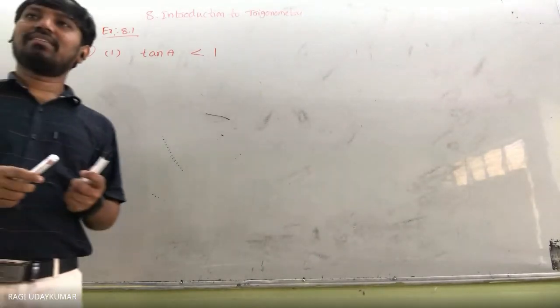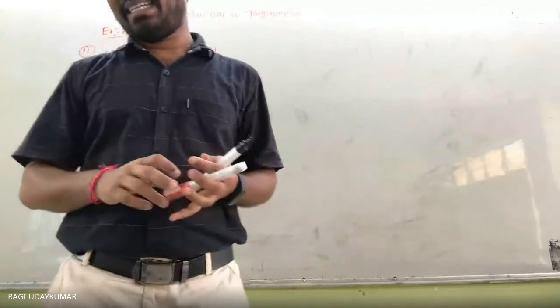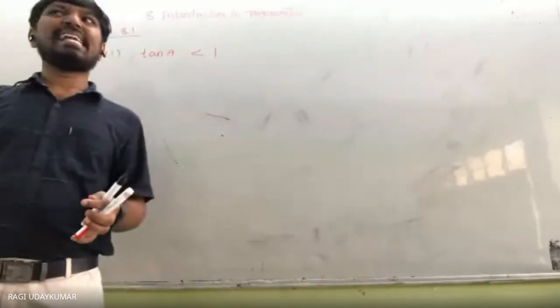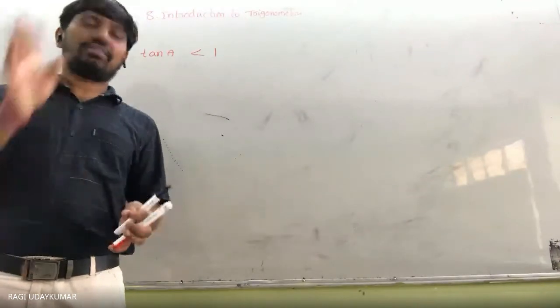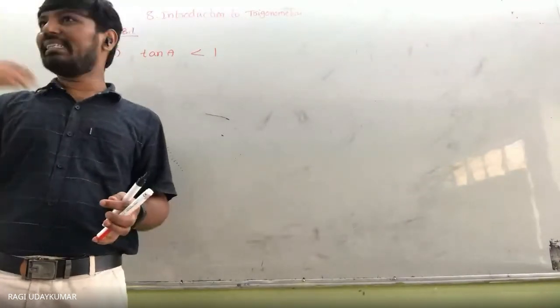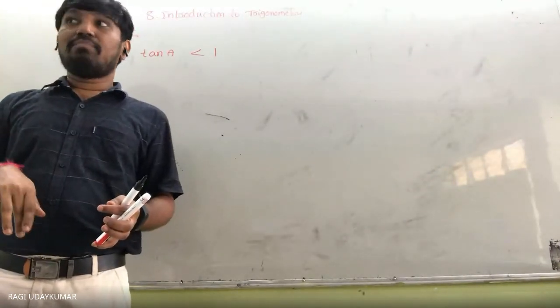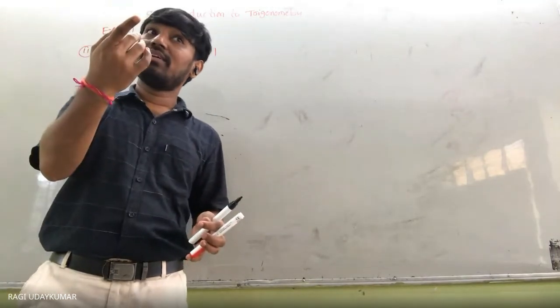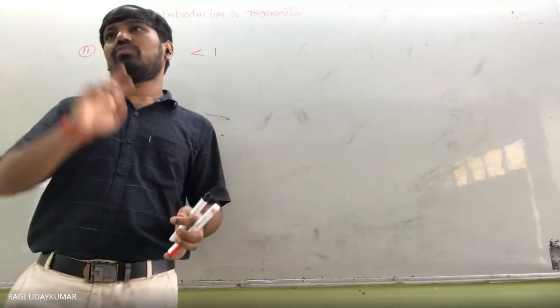Why? Opposite by adjacent. Opposite and adjacent can be any numbers. Opposite is greater than the adjacent होगा. Adjacent opposite is greater than the adjacent हो सकता है. But hypotenuse is always greater than the remaining two.